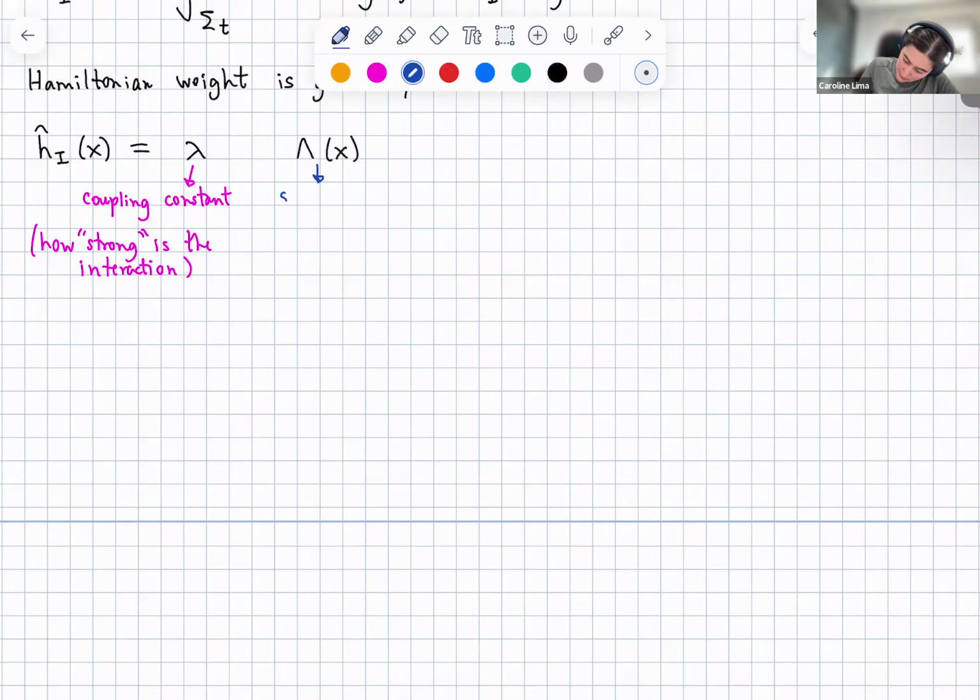So this is the spacetime smearing function. And basically what it tells me is the spatial temporal profile of the detector.